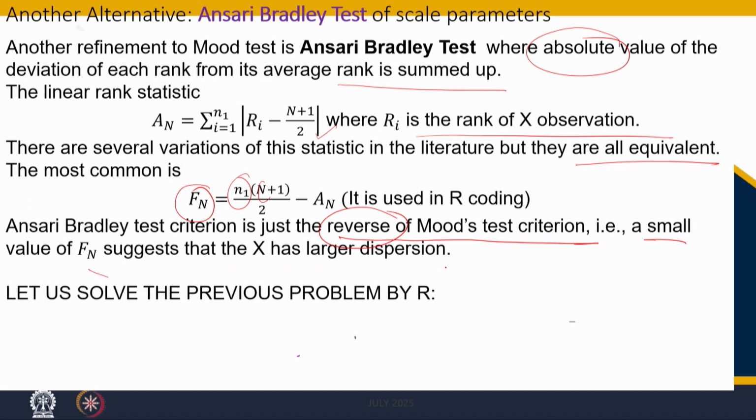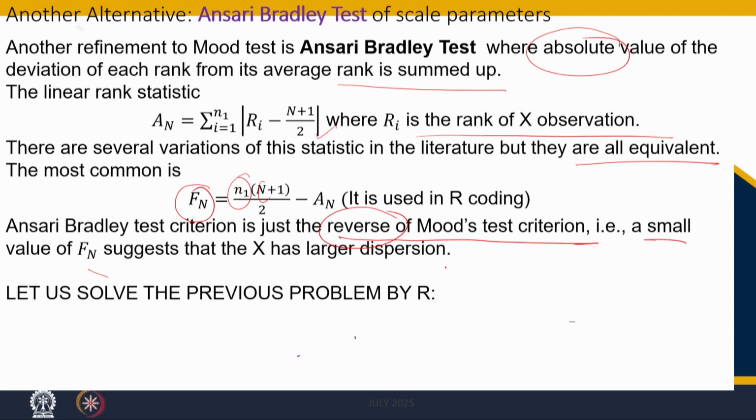But we are not bothered about this, because while we are passing through R, we always look at the p-value, and we know for p-value the rejection rule remains the same. When you are dealing with the critical value, then you have to be very cautious while making the rejection, whether it is left-sided or right-sided, whether the test statistic is bigger means the rejection will be stronger.